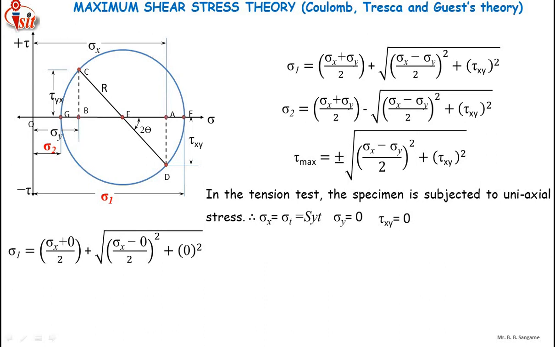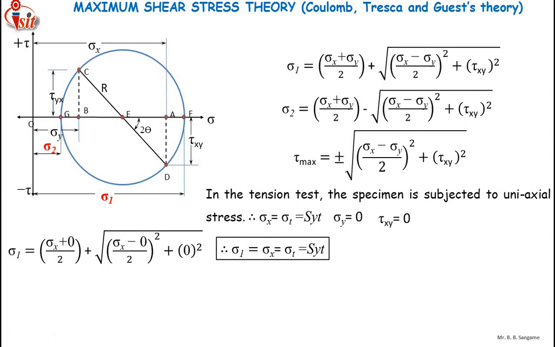Then sigma 1 equals sigma x by 2 plus root of (sigma x by 2) squared, so it will be sigma x by 2 plus sigma x by 2. It means sigma 1 will be equal to sigma x, and here sigma x is nothing but SYT, that is yield strength in tension. So according to the maximum shear stress theory, when sigma y and tau xy are 0, the maximum principal stress will be equal to the yield strength in tension.